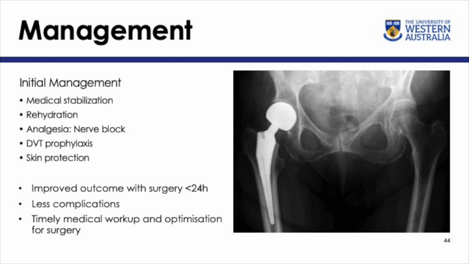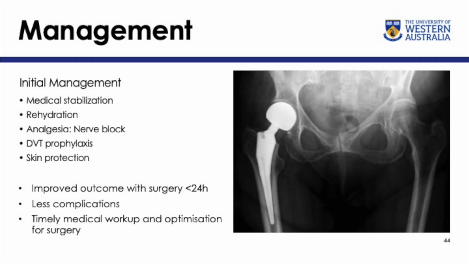When we talk about management, the operative procedure is not the only thing to consider. These patients are often frail, elderly patients with multiple medical problems, and the fractured hip is often symbolic of this frailty.